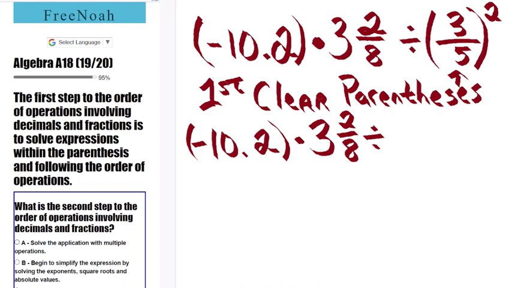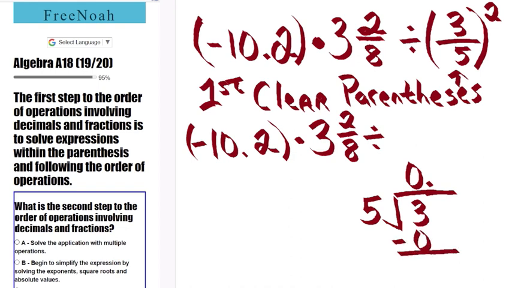Well, 5 goes into 3 how many times? Well, 0 times. So 0 times 5, that'll give us 0. And 3 minus 0 will just give us 3.